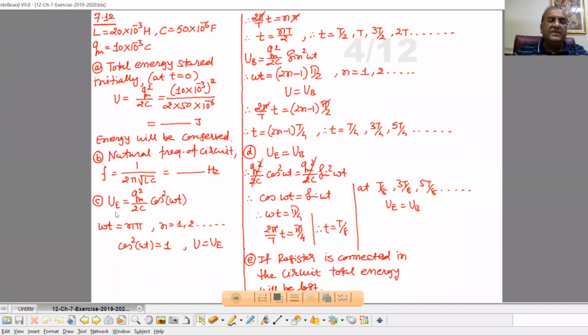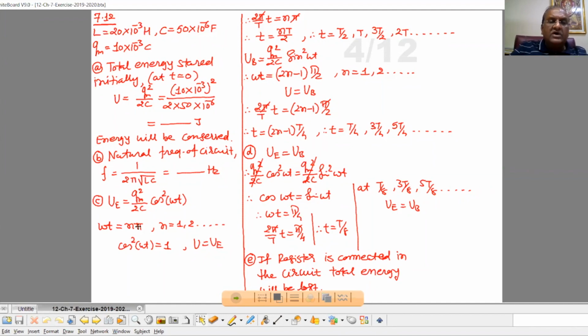Now see, electric energy at any time t, that is given by Qm square by 2C cos square omega t. So when the value of cos square omega t, that is equal to 1, then the total energy that will be stored in the form of electric energy.